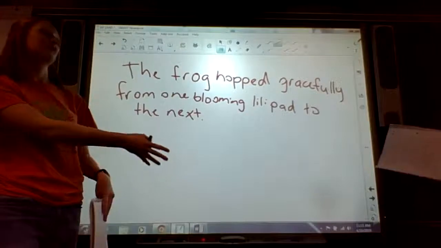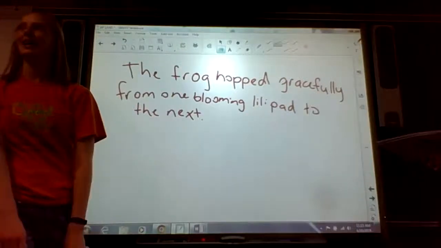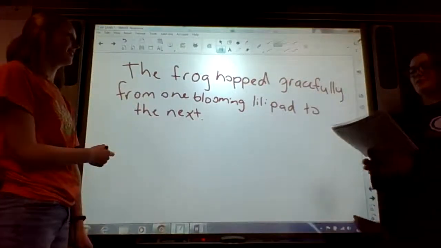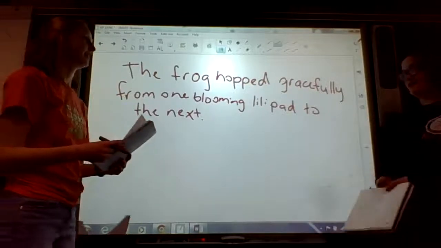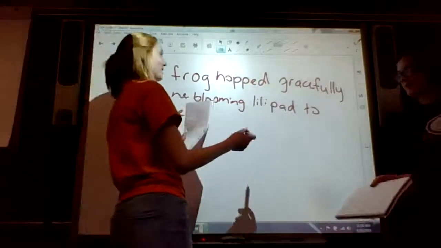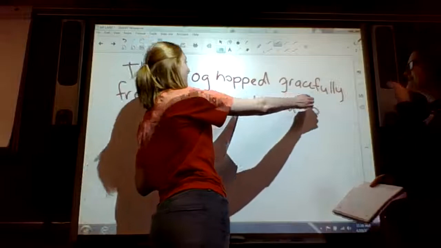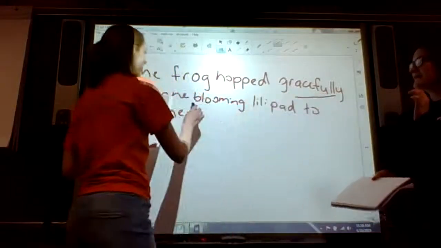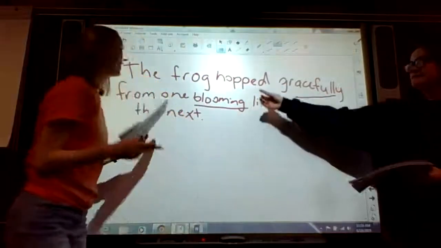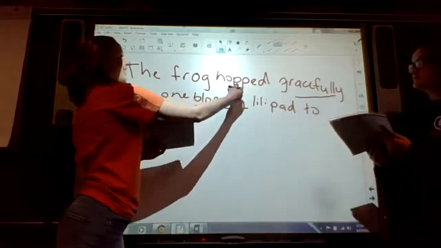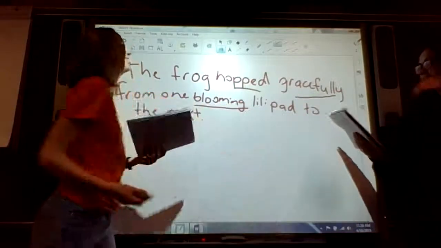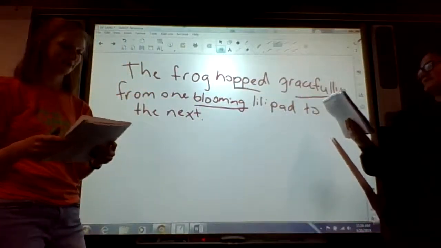The frog hopped gracefully from one blooming lily pad to the next. Okay, so first identify the modifiers to find the describing words. Is hopped an adjective, adverb, or preposition?